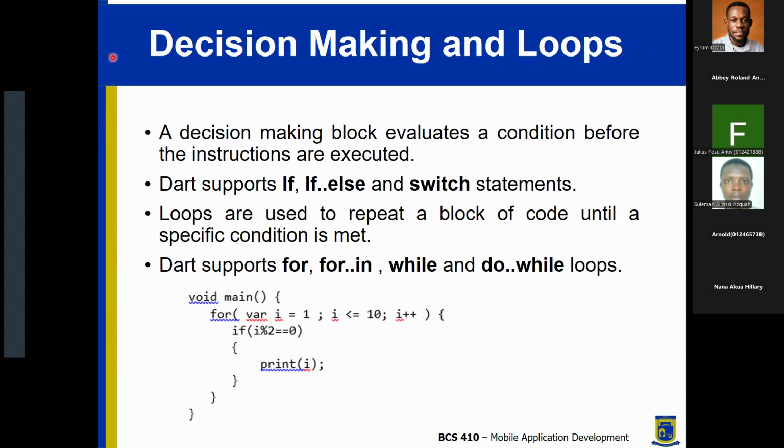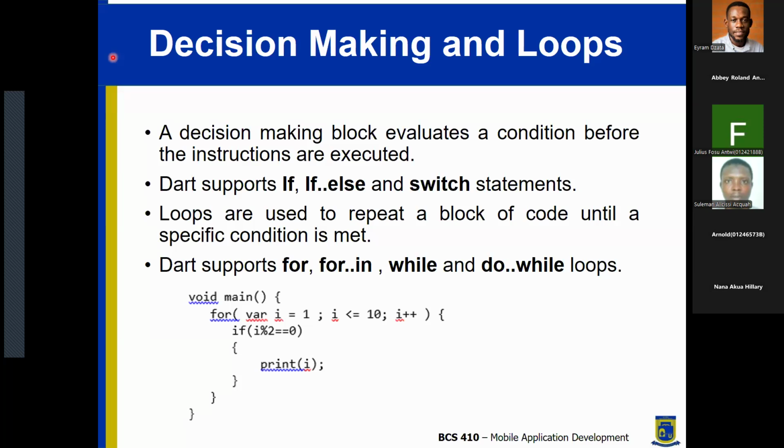So let's look at decision making and loops. This is just a quick one. When it comes to the operators, they are the same operators we know of, the backslash, forward slash, the greater than or less than, and so on. They are still the same in that programming language.